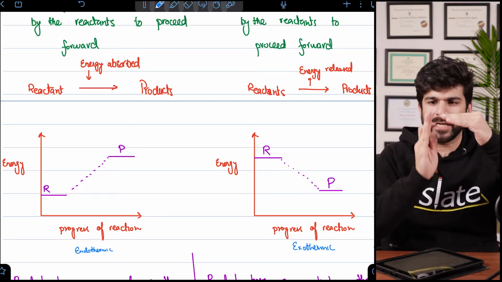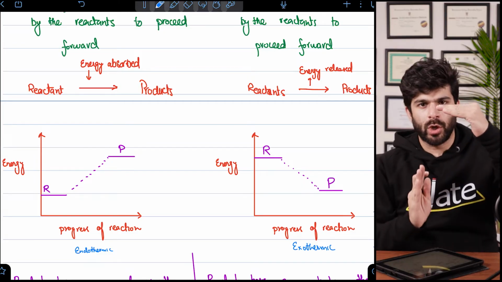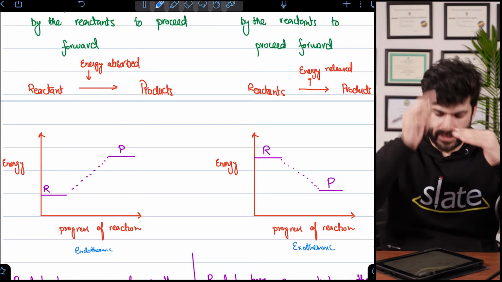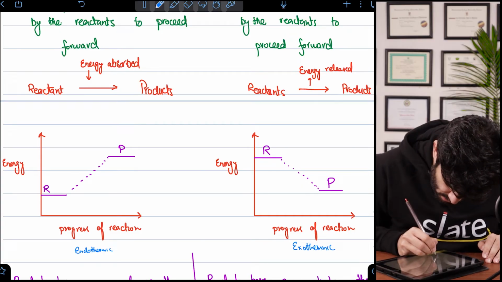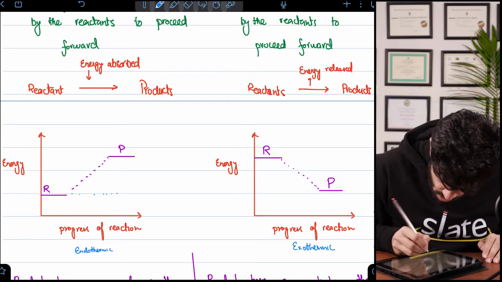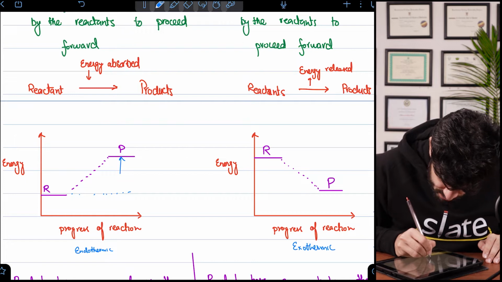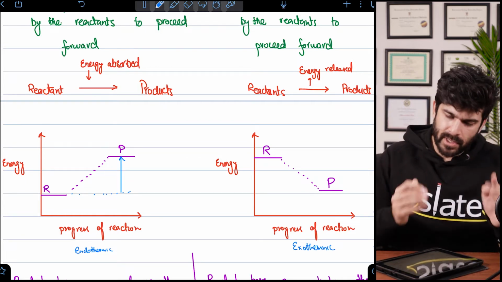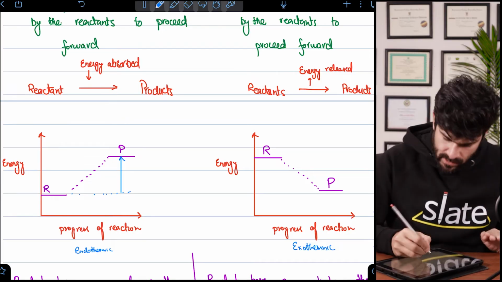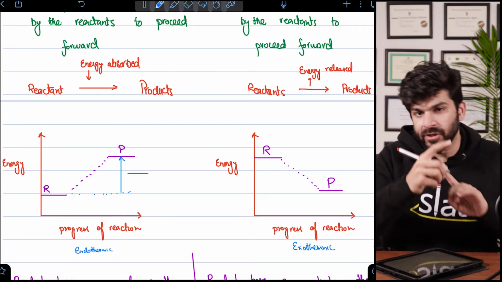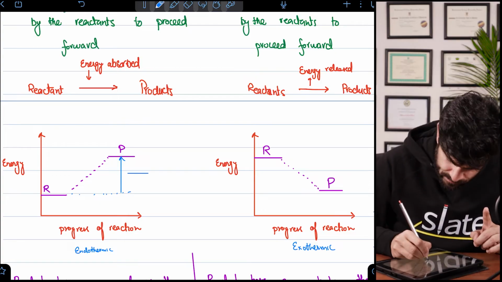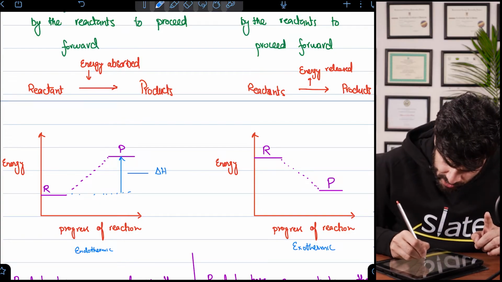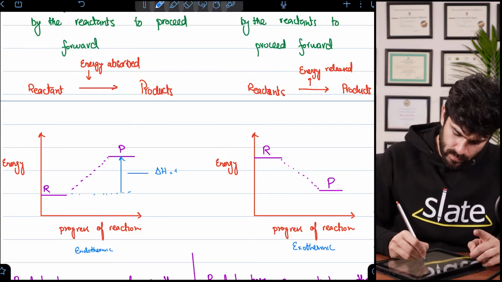It's going from reactant to product. So the arrow will be upwards. So since that is the enthalpy change of the system, it's increasing upwards. And since it's the difference between reactant and the product, enthalpy change, it's a positive value.